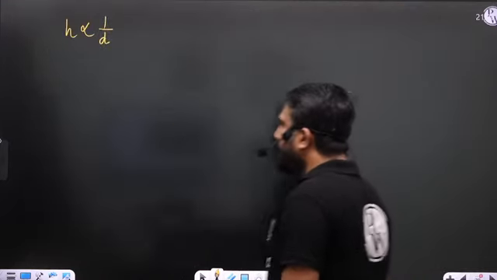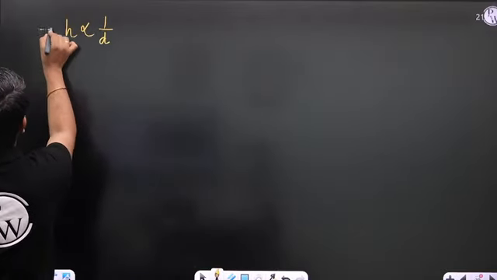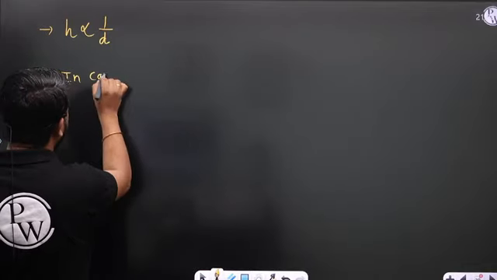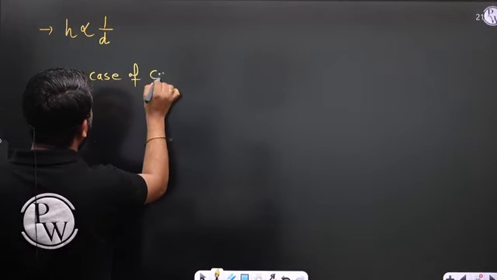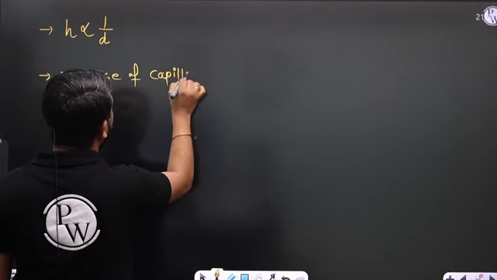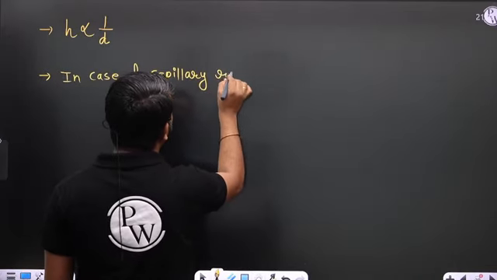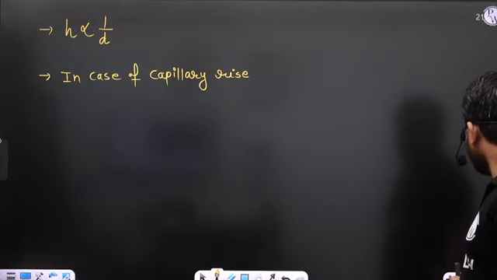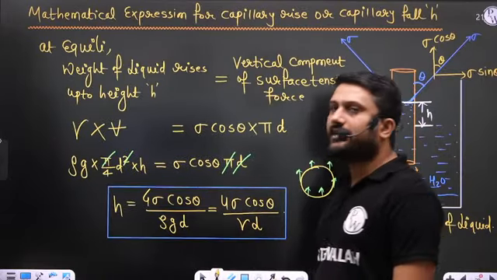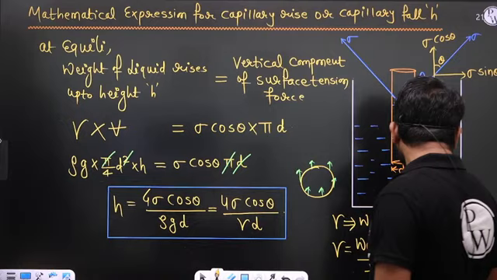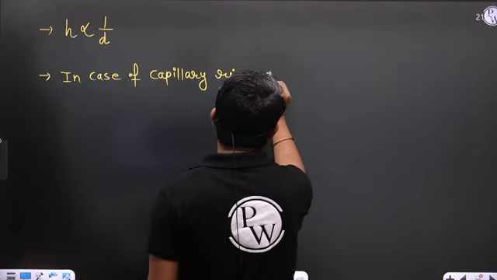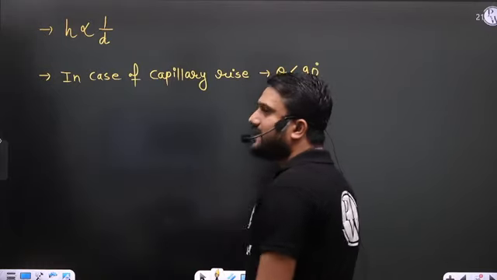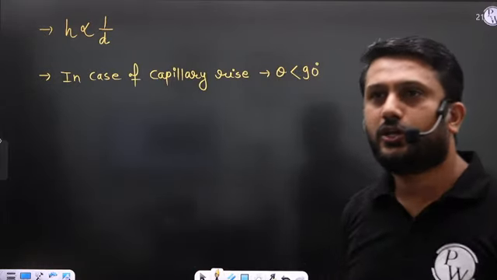Now we know that in case of capillary rise, what about the theta? Obviously this theta is less than 90 degree. In case of the capillary rise, theta is less than 90 degree. That means, see, sigma is always a positive quantity, gamma is always a positive quantity, d is always a positive quantity.